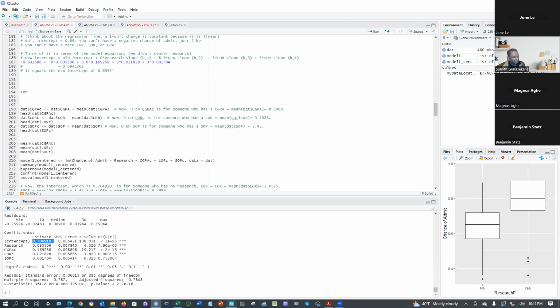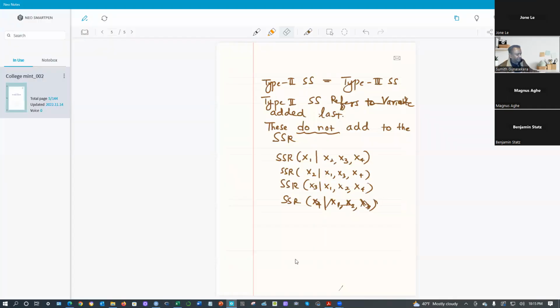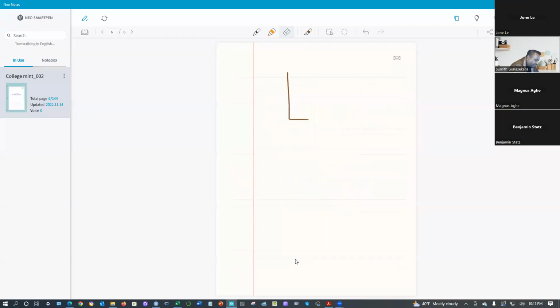Let's say you had this: x1 here, x2 here, x3 here, x4 here, and y. Y is chance of admit, x1 is research, x2 is CGPA, x3 is letter of recommendation, x4 is statement of purpose.